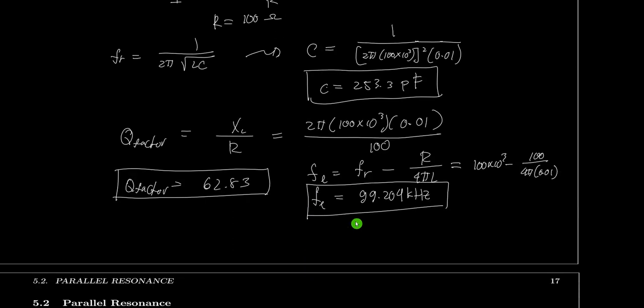For the other one, the upper cutoff frequency, we can just add it. F upper will be plus R over 4 pi L. This is again 100 times 10 to the 3 plus 100 over 4 pi times 0.01.